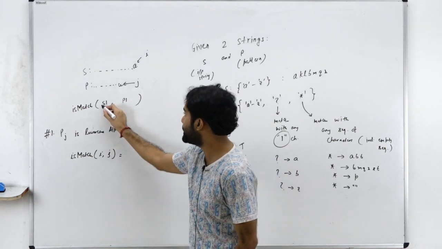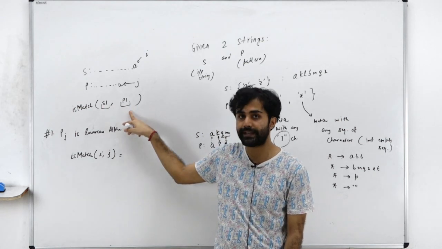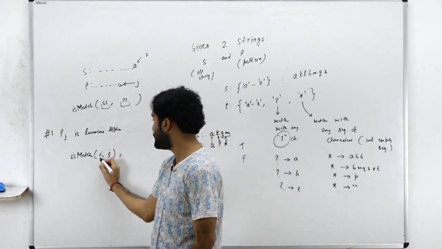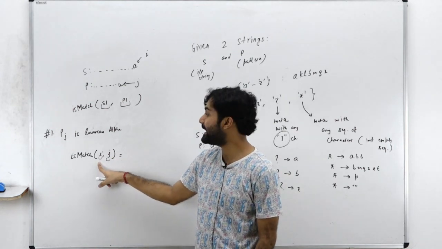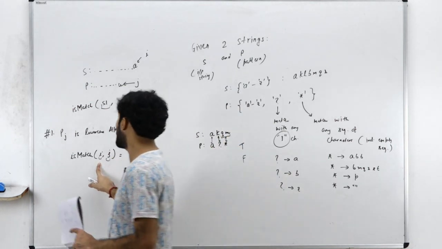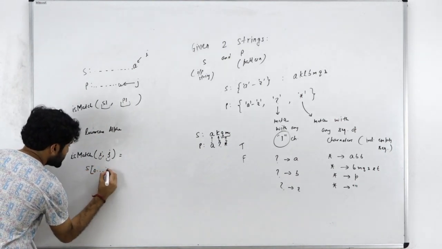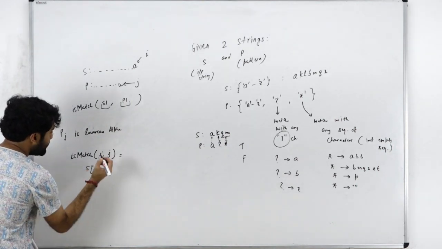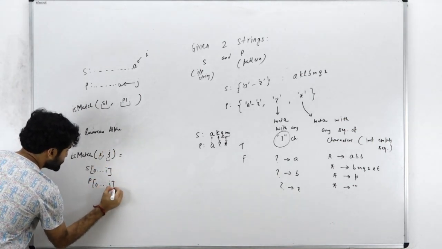So I said that I'll be passing a string. Now what I am saying is that instead of passing the two strings, I'll just be passing index i and index j. Index i denotes that I am trying to check whether my string S, which is from 0 to i, matches against my pattern P, which is from 0 to j.